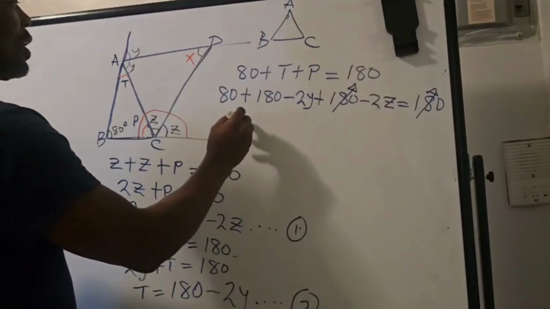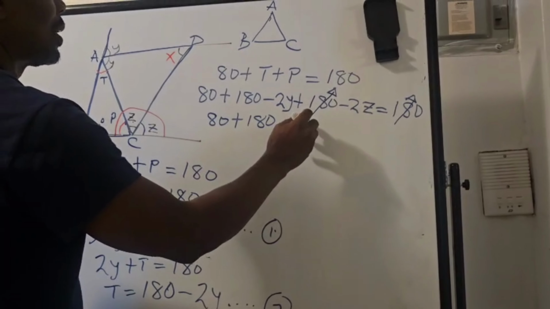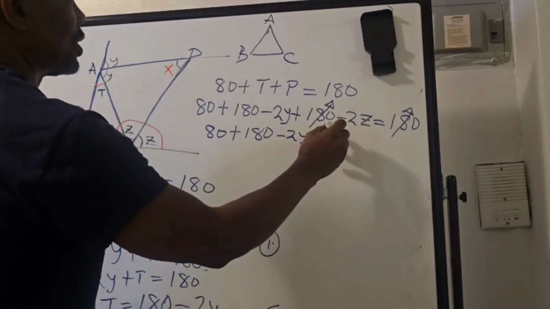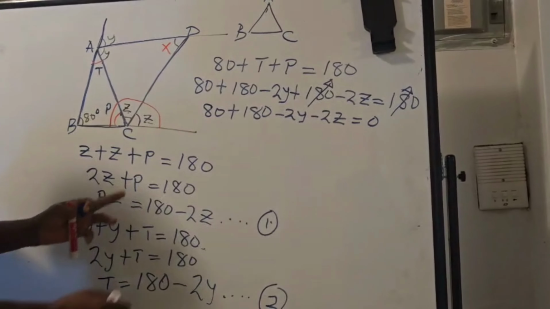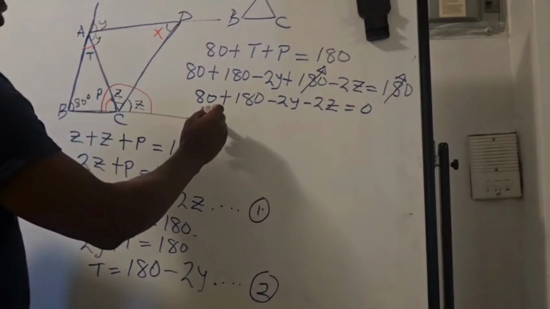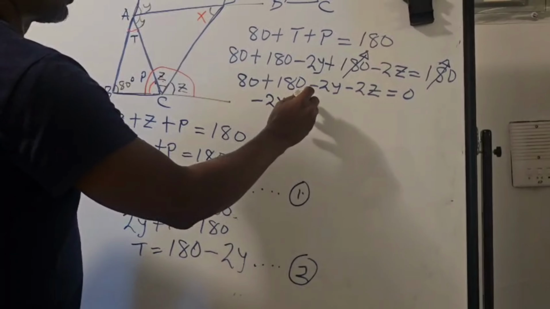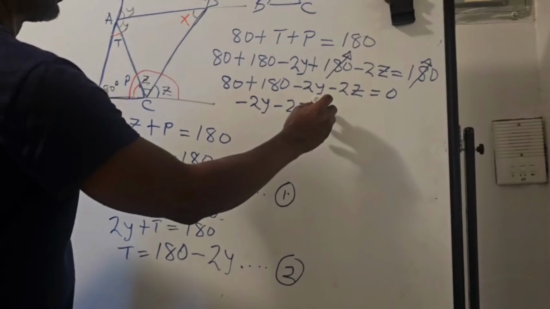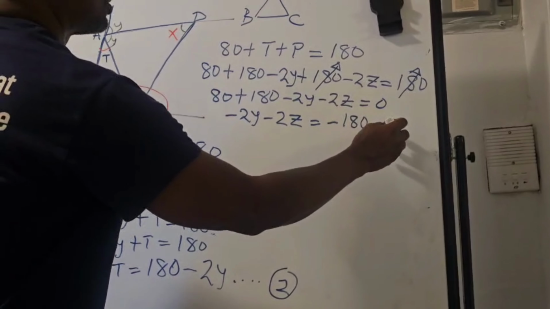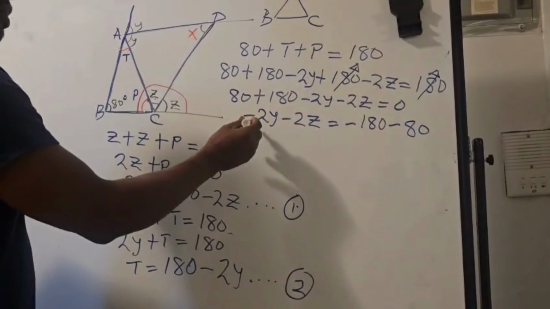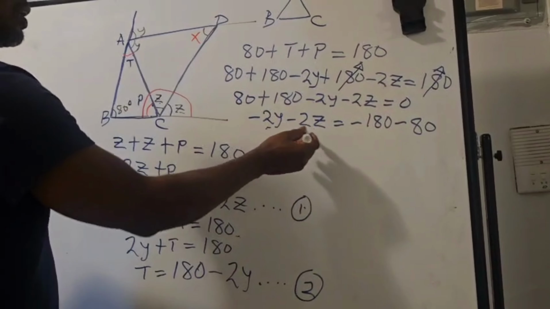So you now have 80 plus 180 minus 2Y minus 2Z equal to what? 0. So we collect like terms. If we collect like terms, we are going to have minus 2Y minus 2Z equal to minus 180 minus 80. So here the common factor is 2.